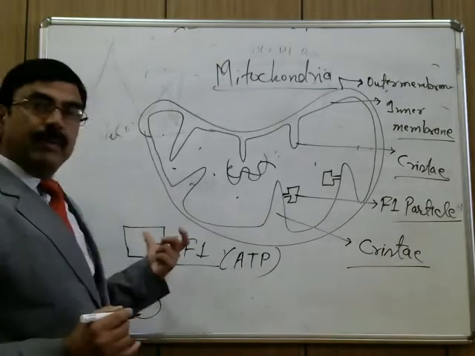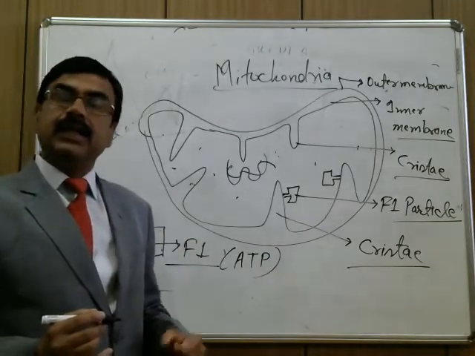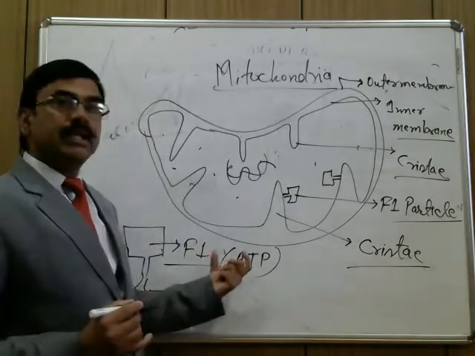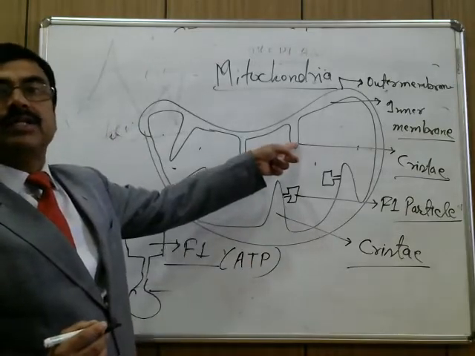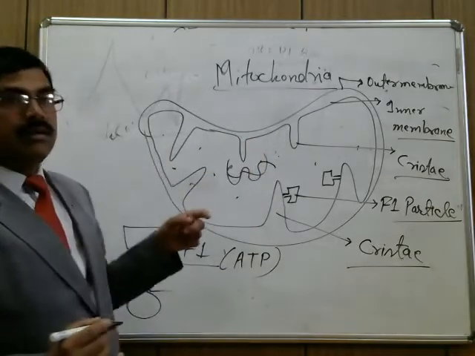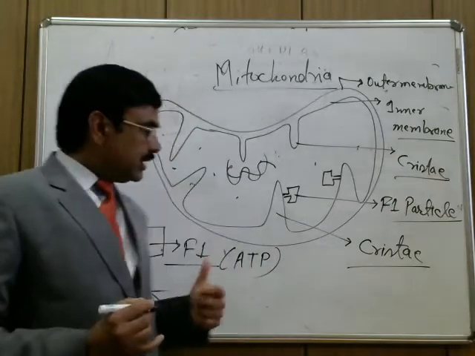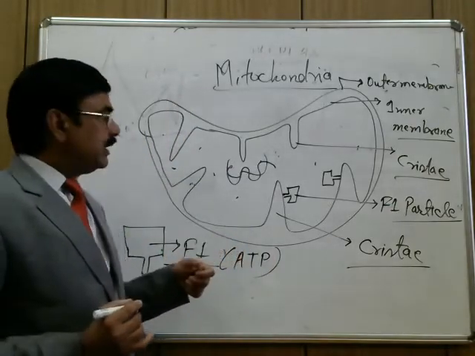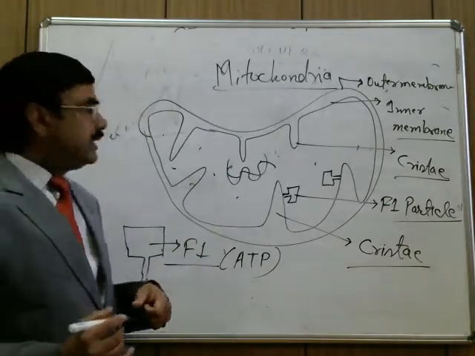So the F1 particle produces the energy in the form of ATP, the energy currency. This F1 particle is attached in the cristae, and these cristae contain many F1 particles. So it is very important in the mitochondria to understand where the F1 particle is, where the cristae is, what the inner structure is.